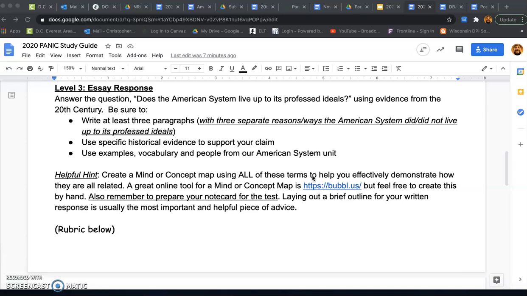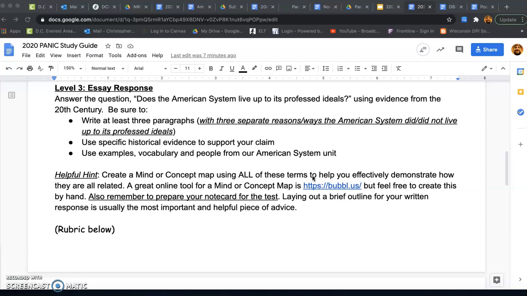Or you could look at an event and talk about how that either did or did not show, or live up to, a professed ideal. So maybe for you, paragraph 1 is prohibition, and you talk about how that did not live up to the professed ideal of freedom because it restricted American freedom, and how that freedom was then taken away from the American people for a period of time.